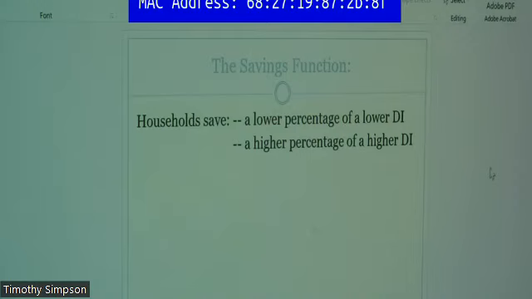And this is not terribly surprising. What is even less surprising is the trend now with regard to wealth and wealth distribution. We know that income is not equally distributed, but income is different than wealth.